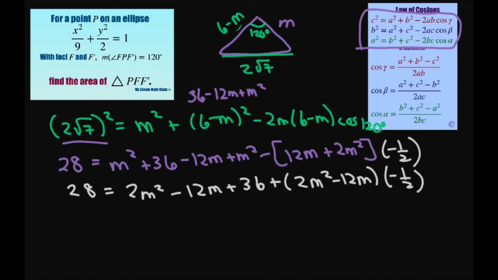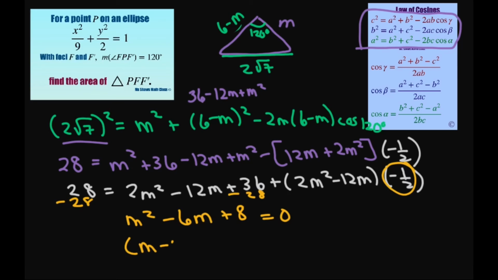Then we get M squared minus 6M plus 8, I'm just subtracting 28 from both sides, equals 0. Therefore, when you factor this, you get M minus 4 times M minus 2 equals 0. So we have M equals 2 or M equals 4.